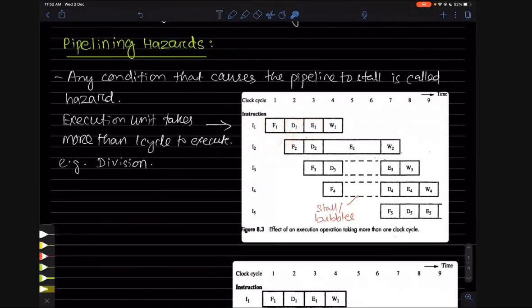Decoding does not only mean identifying whether it is an addition or subtraction instruction. In the decode phase we will also see from which register we want to get the data. So the required operands have to be fetched before execution starts.